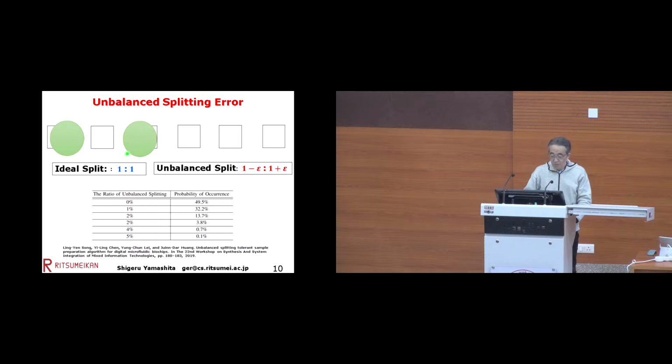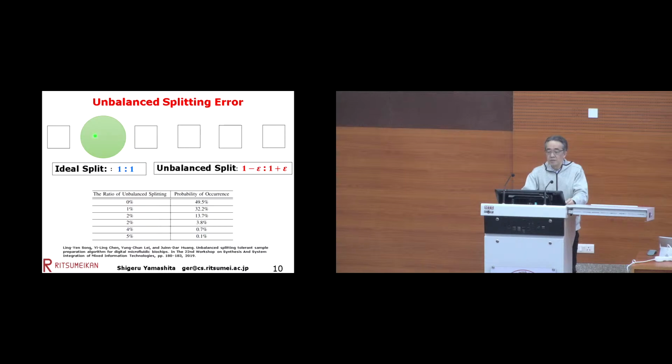So actually, I don't know the detail of the device, but because this is just analog operations, just mixing is easy. If we have a high voltage here, then the two droplets come to this center. But when we want to split this, we give this high voltage and high voltage.